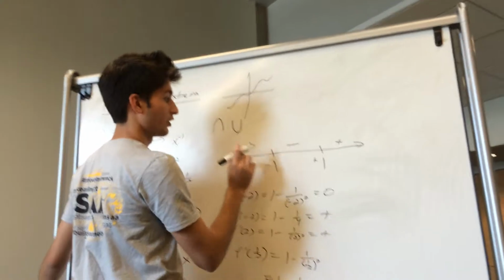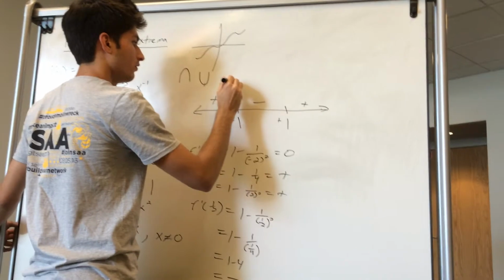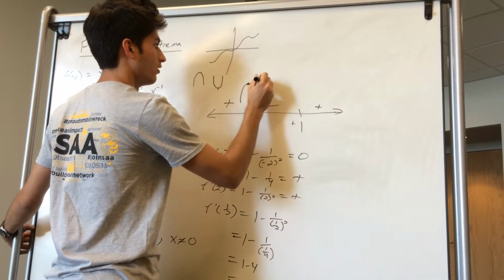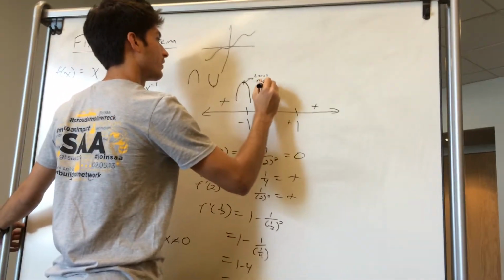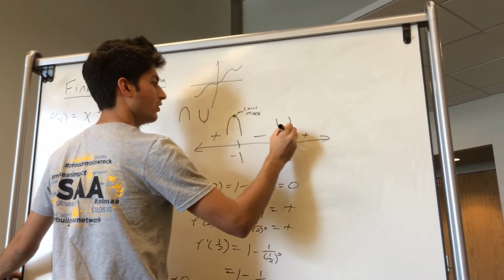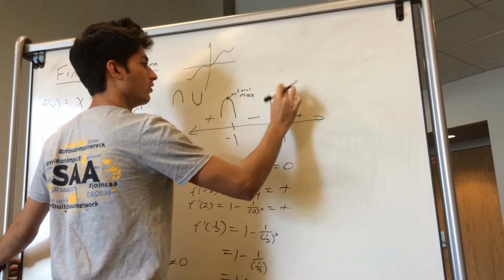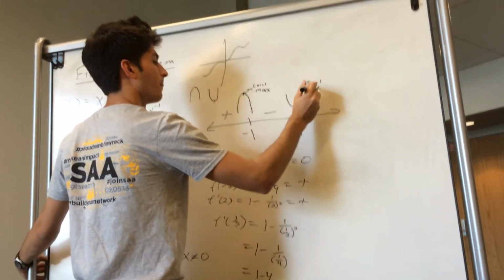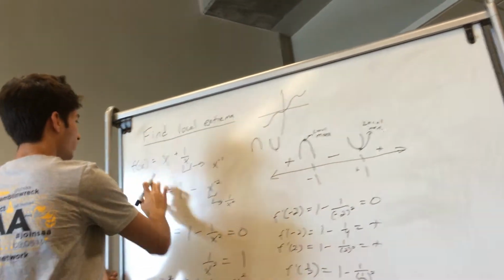Because the slope is changing from positive to negative at negative 1, we have a local max right there. At positive 1, because it's changing from negative to positive, we have a local min.